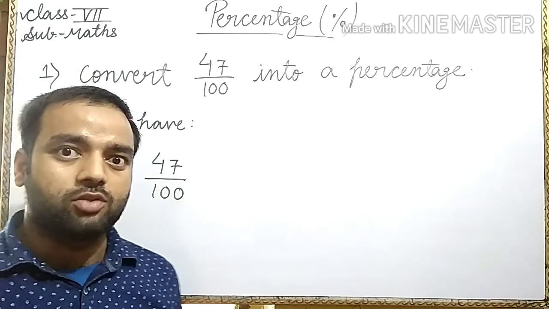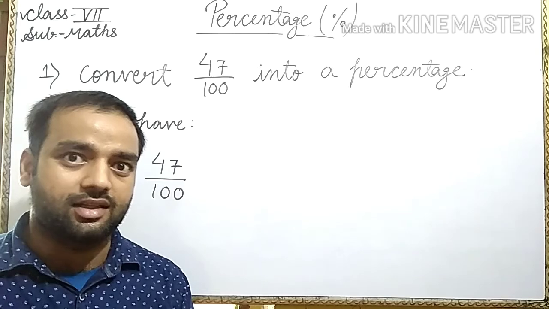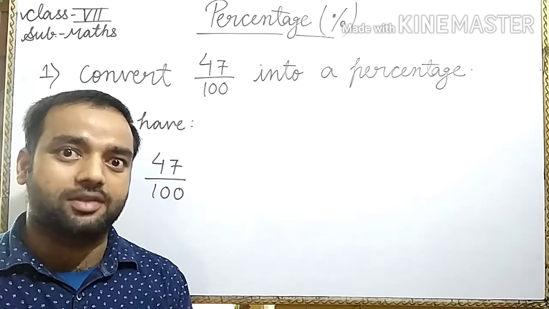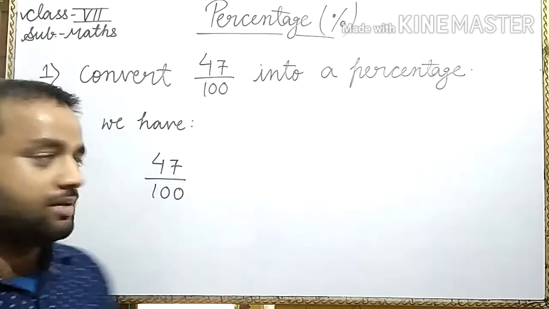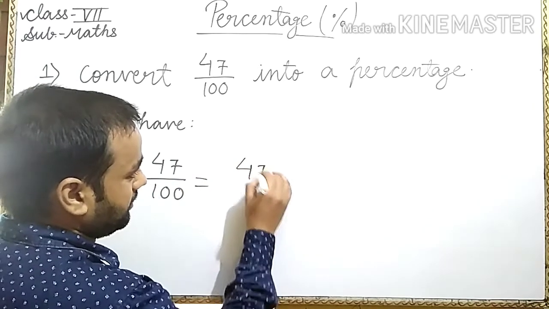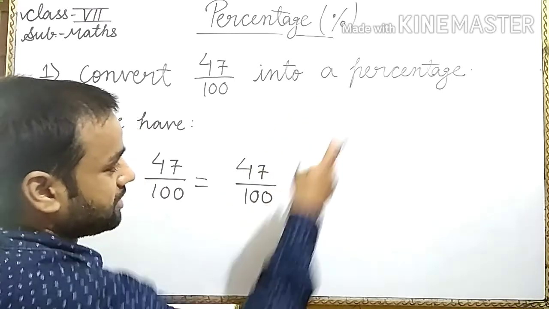Always remember, any fraction is converted into a percentage by multiplying by 100 and putting the symbol of percentage. Rewrite 47 upon 100, convert into a percentage.